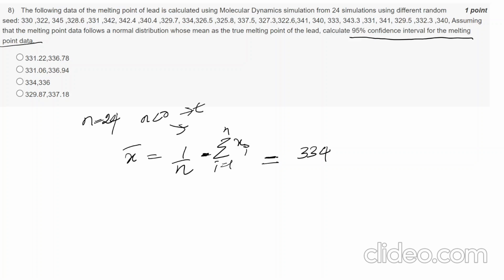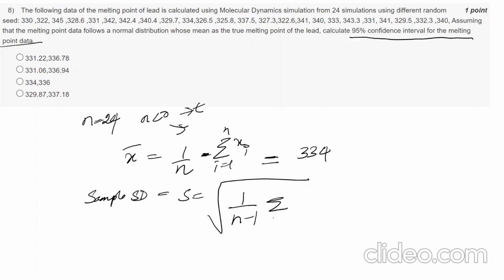And then we have to find the sample standard deviation. The sample standard deviation is given by S is equal to the square root of, it's the variance formula, so we are taking the square root of 1 by n minus 1, summation of i equal to 1 to n, x i minus x bar whole square.